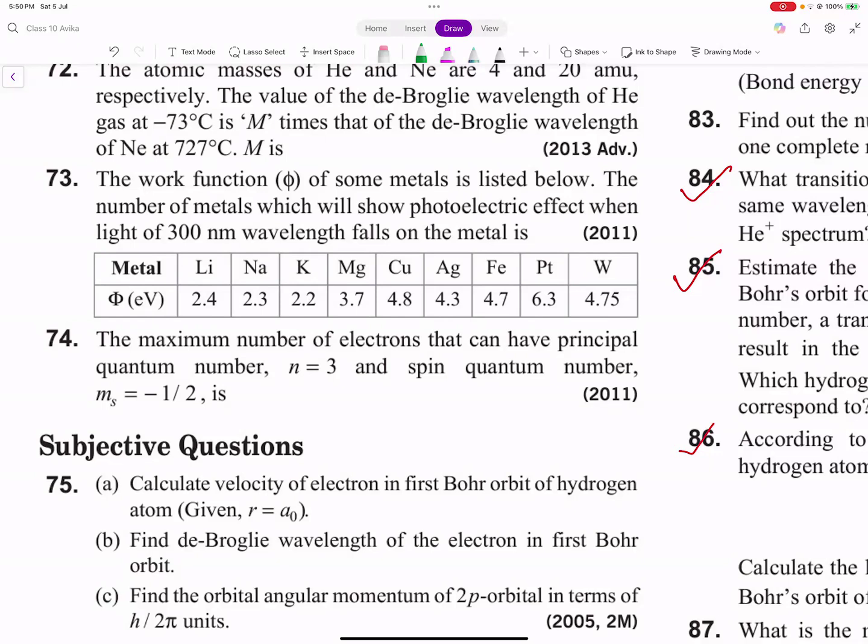And whatever it wants to knock out, it should have energy less than or equal to that, right? Yeah.